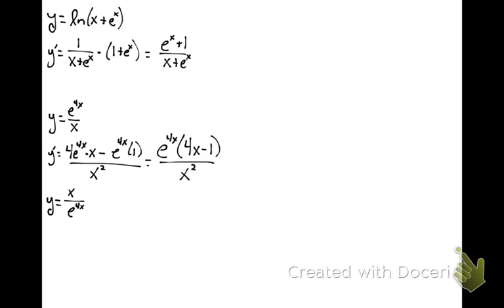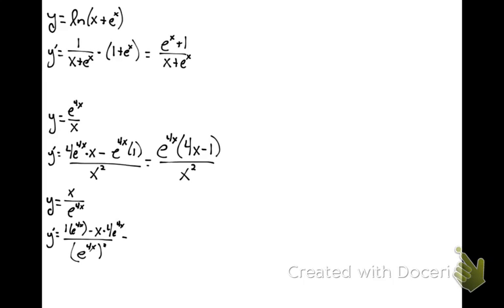Here's y equals x over e^(4x). With the same situation, I'll use the quotient rule. So this is 1 times e^(4x) minus x times 4e^(4x), all over (e^(4x)) squared.